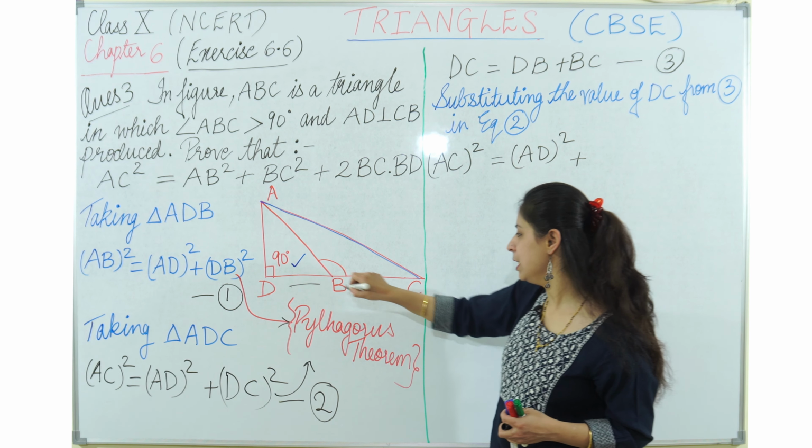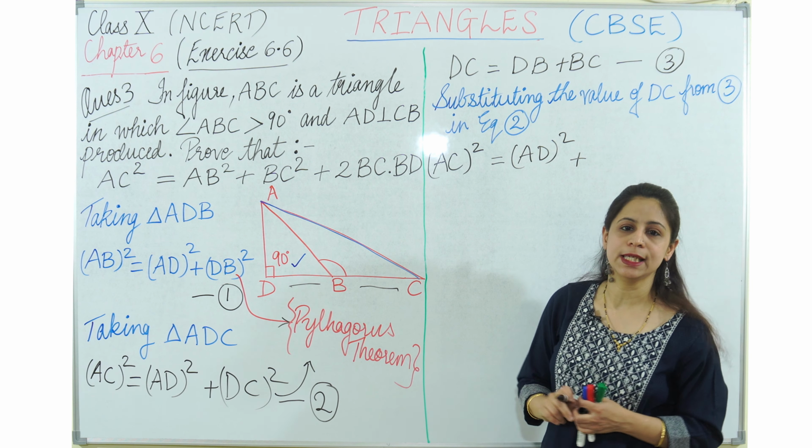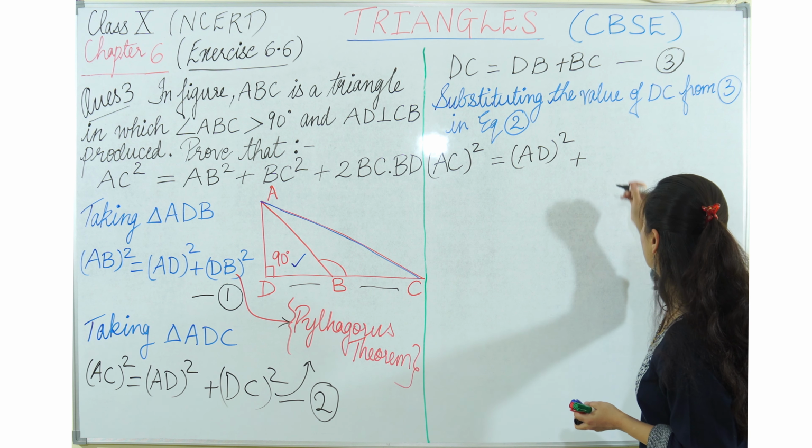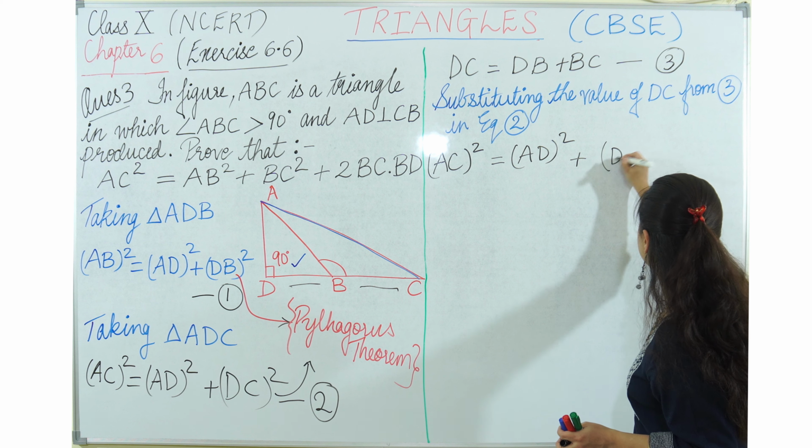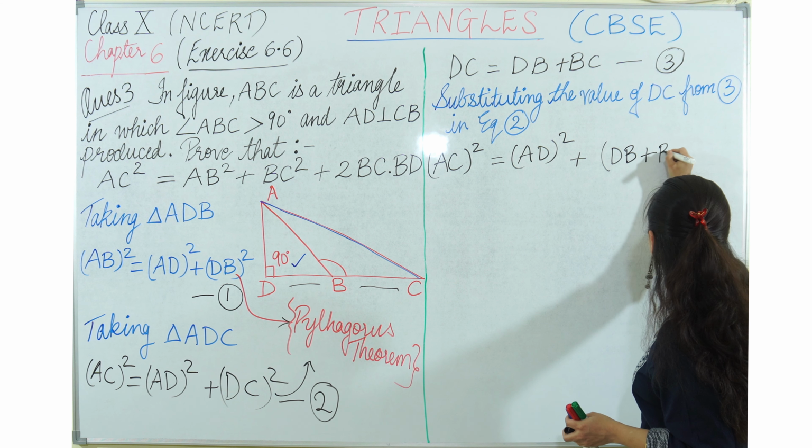When I join these two, I get DC. Is that clear? So here I will be writing DB plus BC whole square.